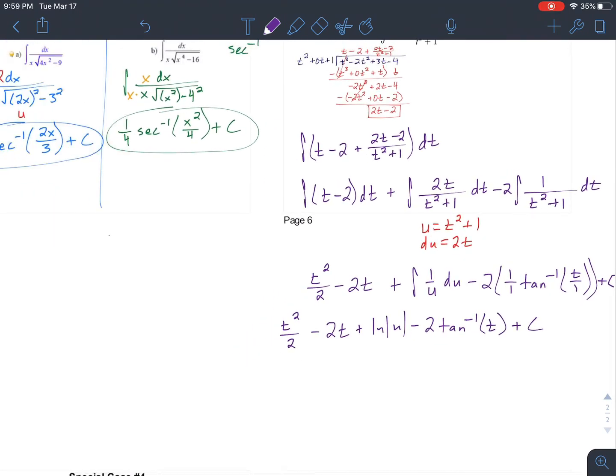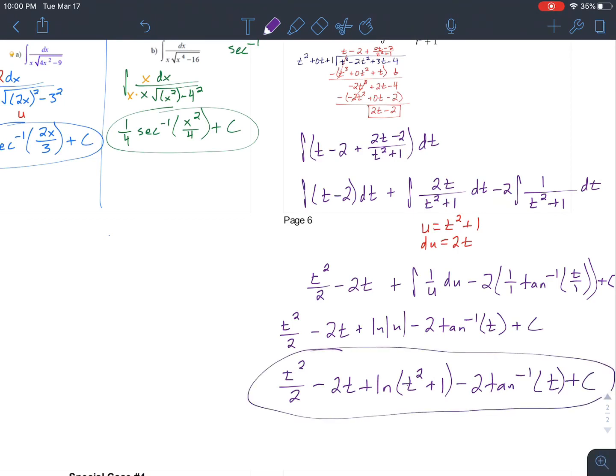And so we are finally at the end for this. T squared over 2 minus 2t plus natural log. Because t squared plus 1 is always positive, we don't need the absolute value anymore. And then minus 2 arctangent of t plus c.